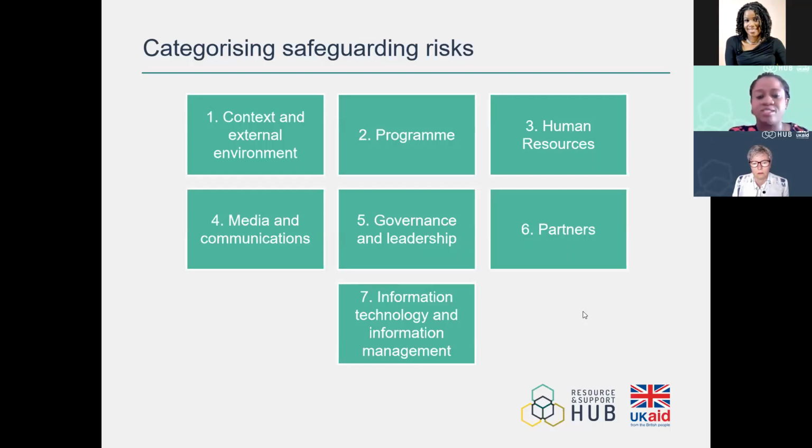And then looking at partners: for some organizations, you sub-grant to partners, to CBOs, or you work with partners in one way or the other. It's essential that the partners also have a strong safeguarding system, because the partners are representing you.